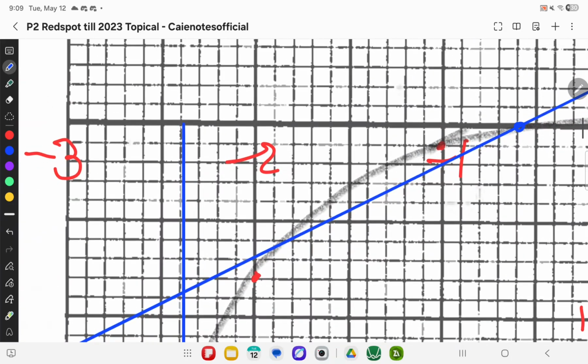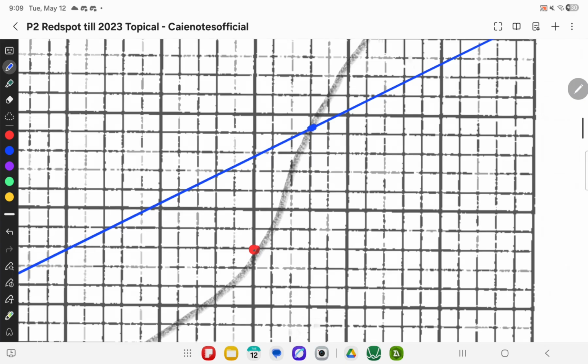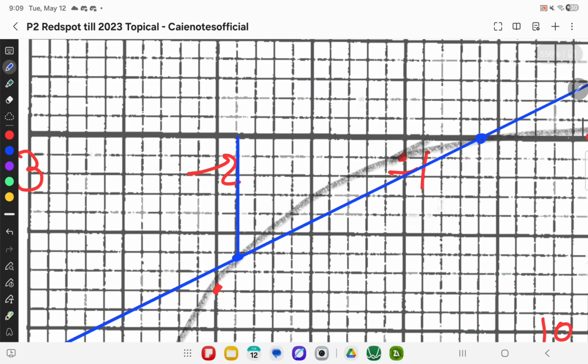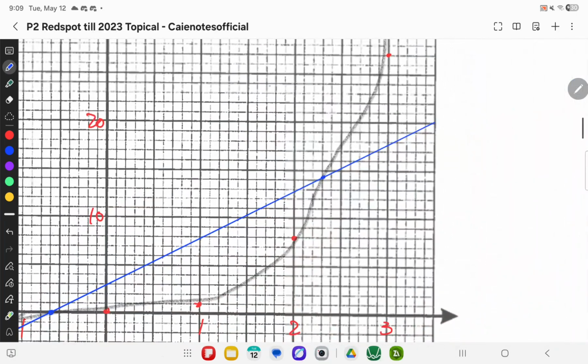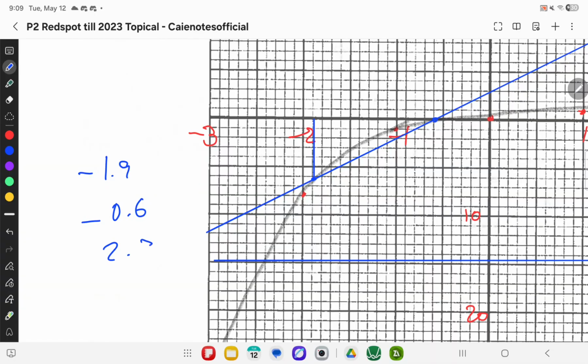So one is at this point, one is at this point, one is at this point. This point is at negative 1.9. This point is at negative 0.6. Sorry. And this point is at 2.3.